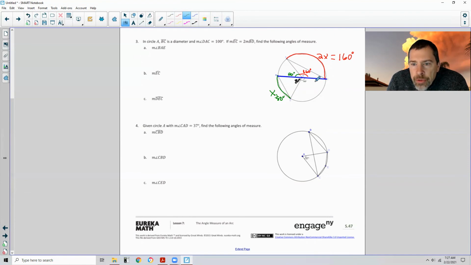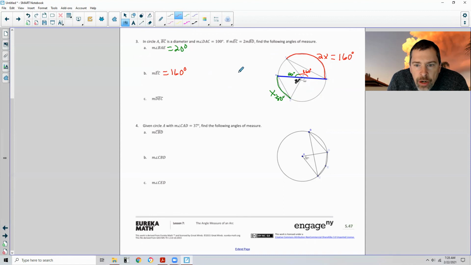So I found all those central angles. 160 plus 100 is 260 plus another 100 is 360. And those should always add up to 360 at the center. Now let's answer these questions. The measure of angle BAE is right here. It's in green, equals 20 degrees. The measure of arc EC is 160 degrees.